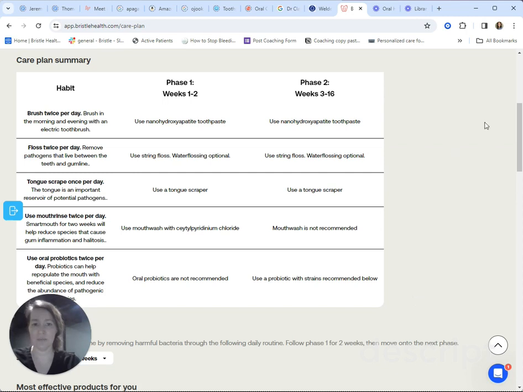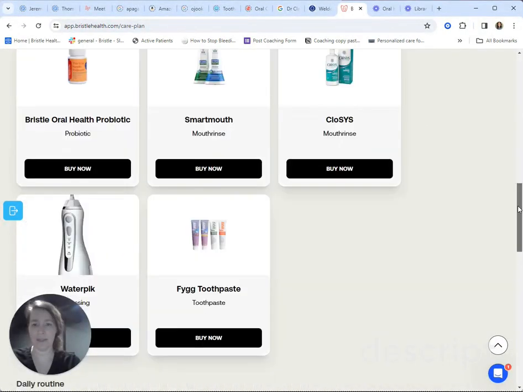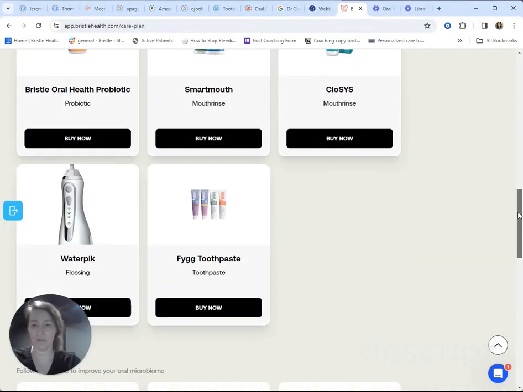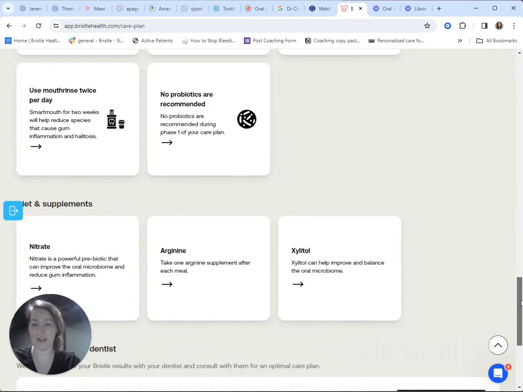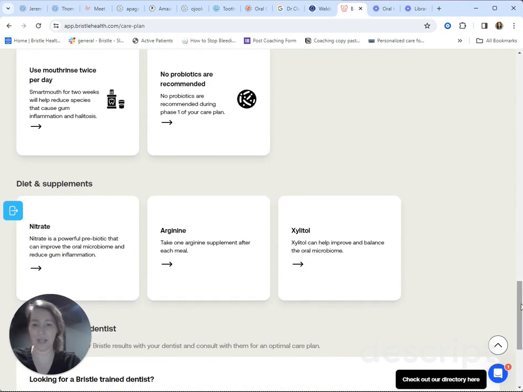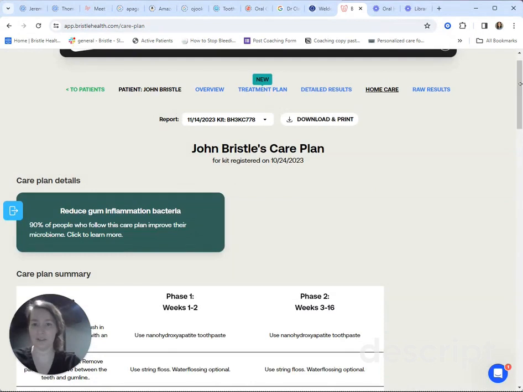The second phase of our care plans always involve doing some sort of oral probiotic and implementing a regular home care routine with brushing, flossing, tongue scraping, using a water flosser, and incorporating things like nitrate, arginine, and xylitol products to help balance the pH and the oral microbiome, feeding the good bacteria, promoting a healthier environment, and I call it the soil, or promoting a healthier garden for the good bacteria to thrive and take hold versus the ones that are causing the inflammatory response.